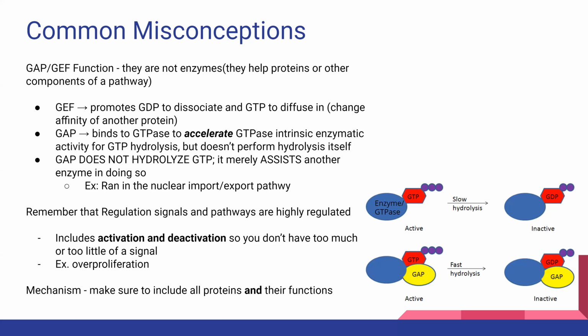I just wanted to say that sometimes when people write down their answers, at least for open response, people will say that GAP hydrolyzes GTP, but that's not really true.